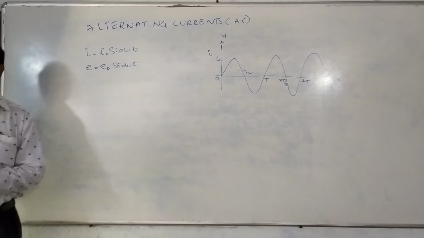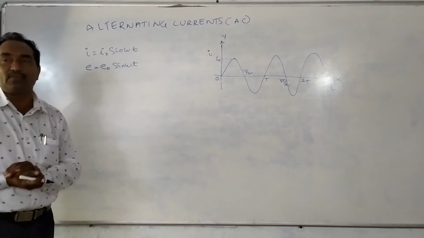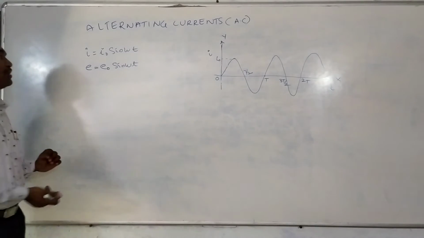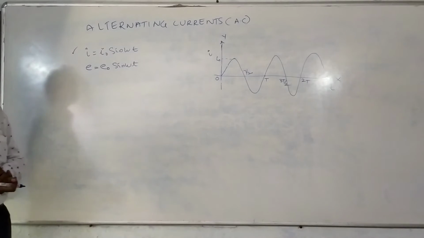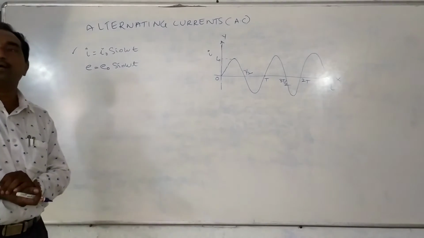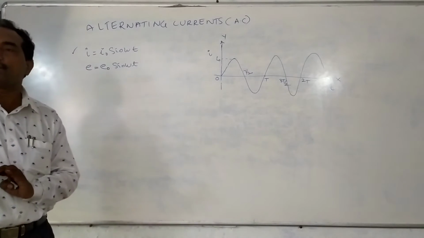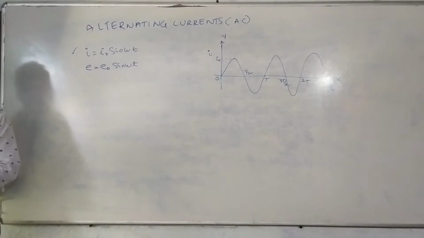So in any way, this is the sinusoidal form, that is the sine waveform. So alternating current and alternating voltage can be represented by I is equal to I naught sine omega t and E is equal to E naught sine omega t. These are the most important formulas we require for the further analysis of the alternating current.